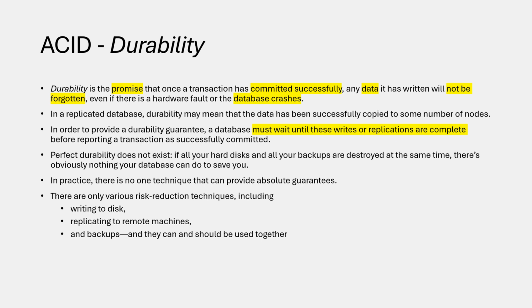But we all know that there is no perfect durability, because anything can happen. As I told, your disk can crash and backups can be destroyed, which means you are not prepared for the disaster. No one can guarantee that anything will be successful.